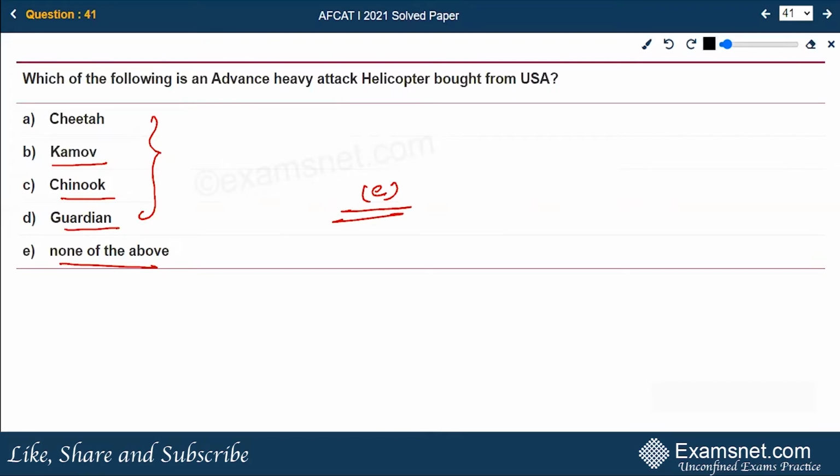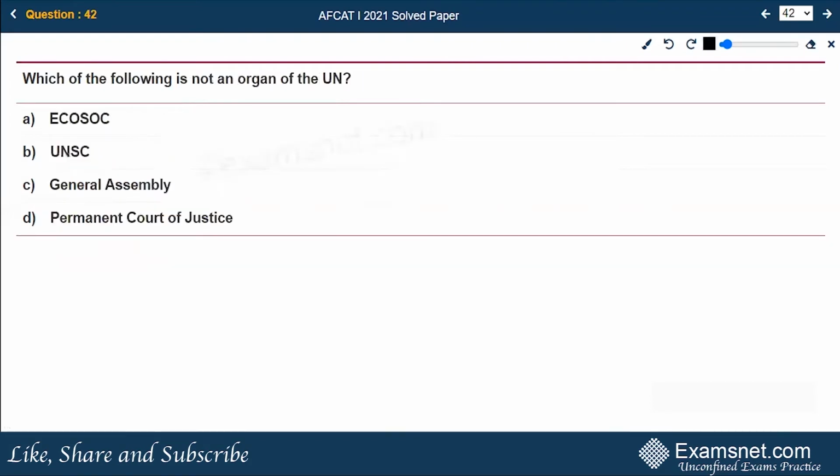Next, question number 42. Which of the following is not an organ of the UN, that is United Nations? Let's see. UN has 6 principal organs. Let's see what are those organs.